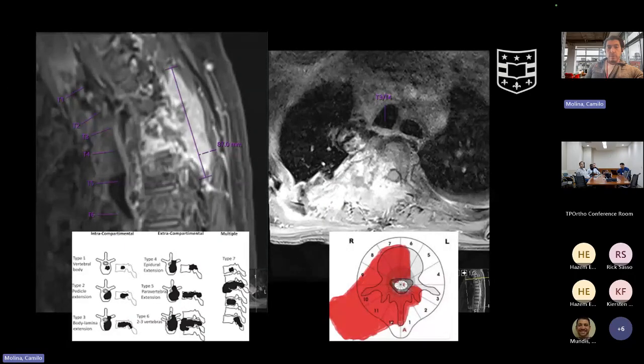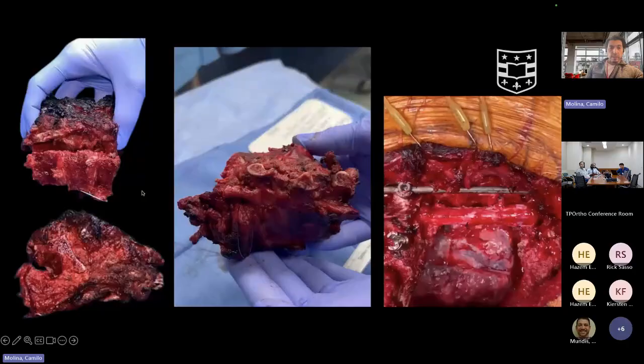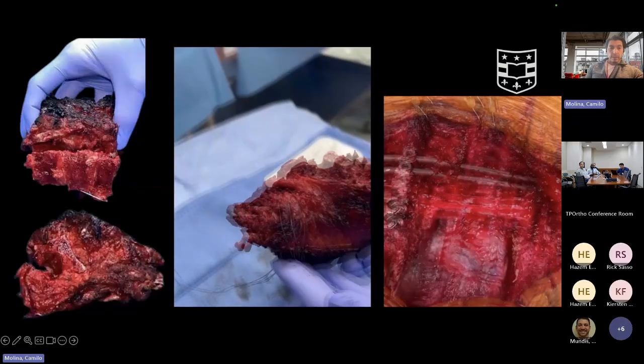So, for example, this radiation-induced sarcoma, you can see it had near 360-degree involvement of the vertebral body among multiple levels. And all we could really do in the posterior elements to open up the ring was make multiple pediculectomies and deliver the spinal cord through those pediculectomies.